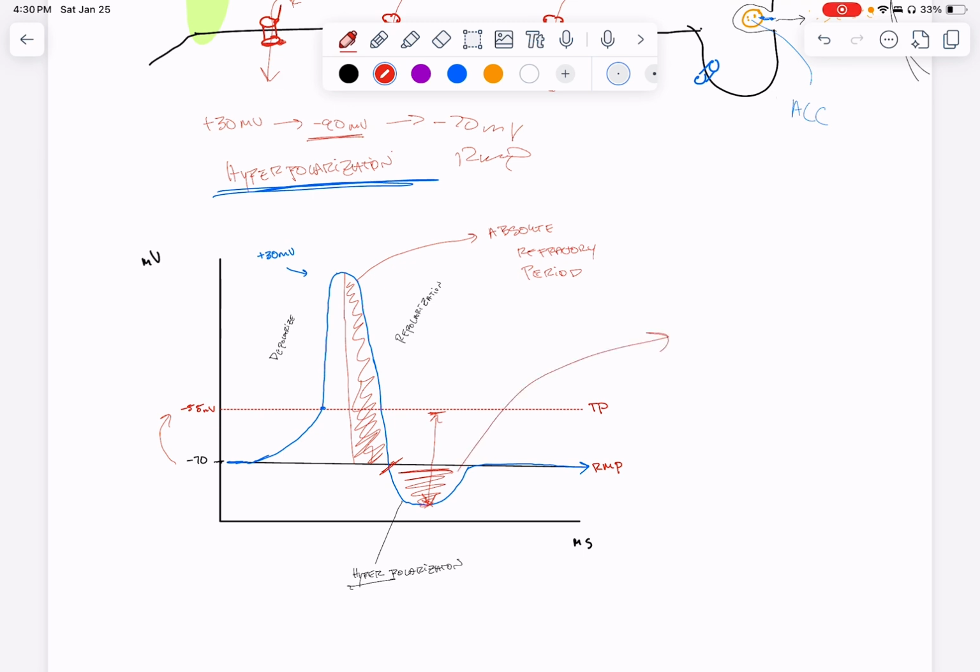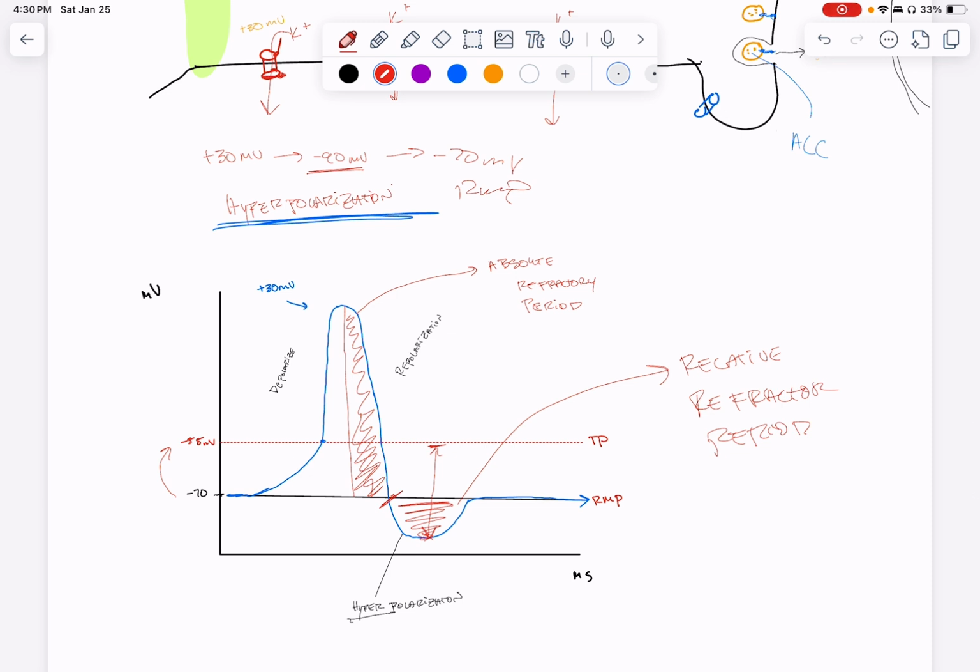And this area is called the relative refractory period. The relative refractory period is a time where there could be another action potential immediately after this one, but in order for that to happen, you would just need additional stimulation than the original amount required until that cell reaches resting membrane potential.